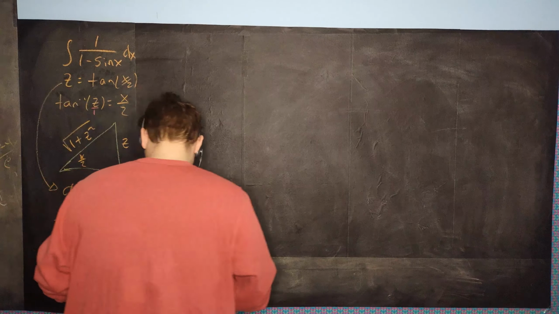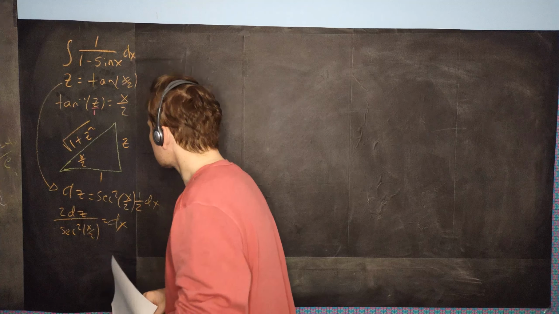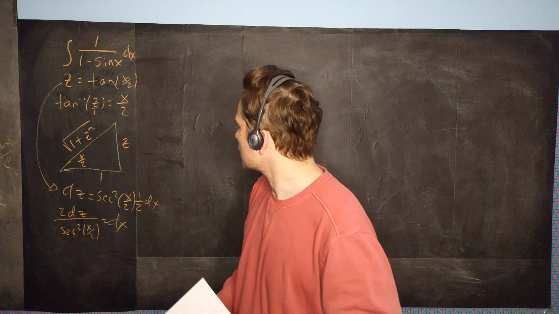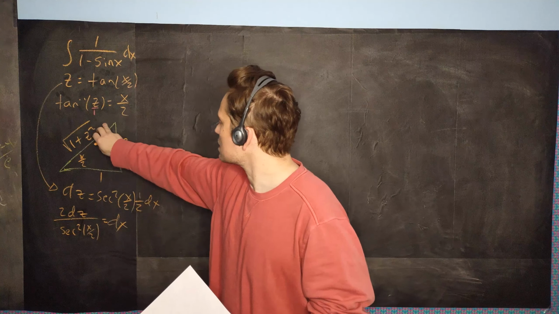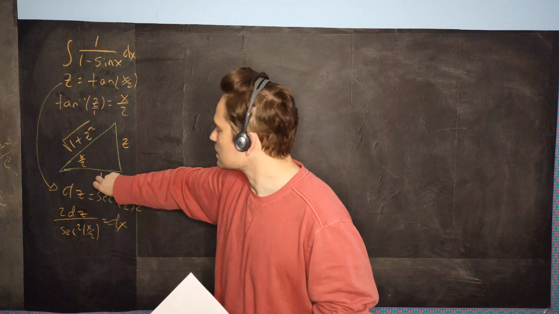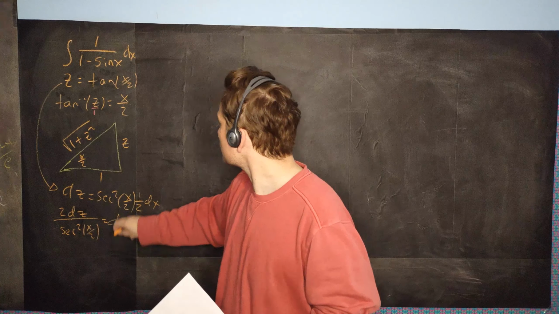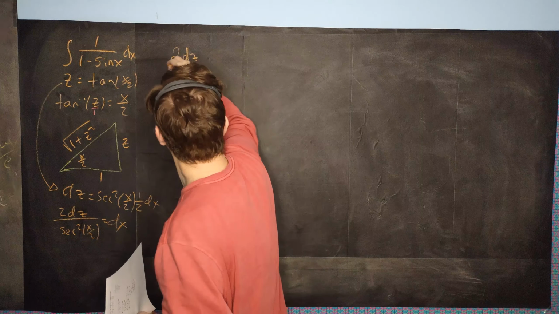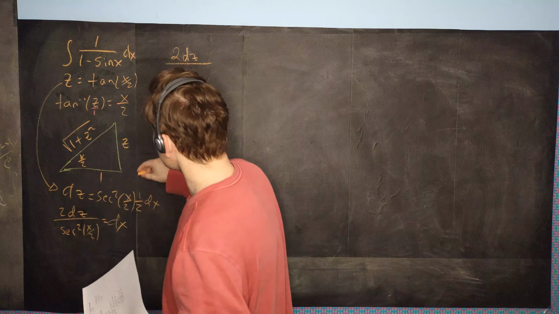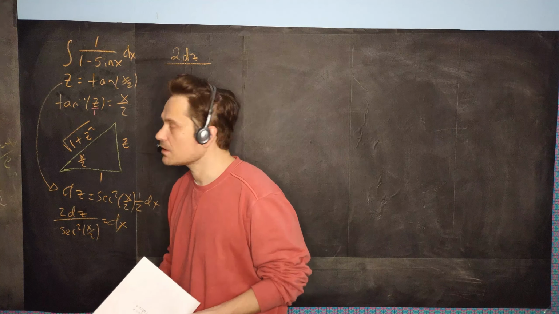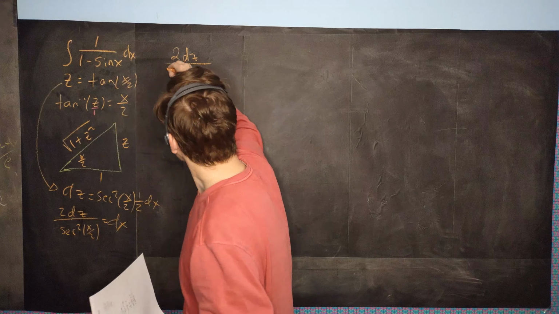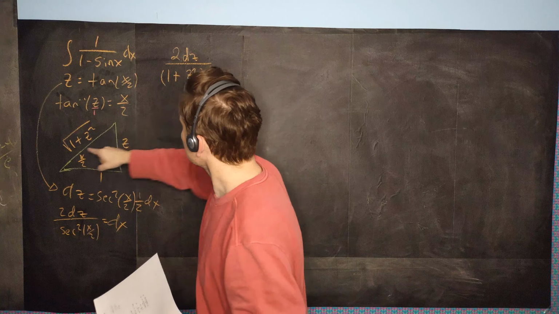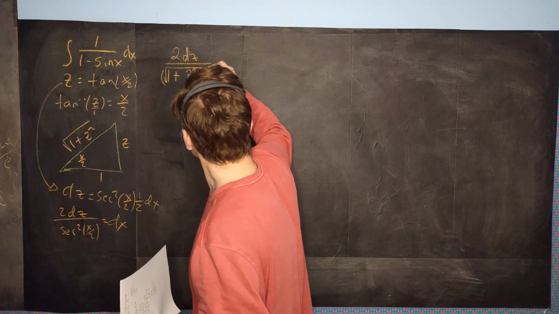Let's continue though. What can we do next? Look at this shape right here, and secant squared of x over 2, we can find it based on the shape. Secant would be the hypotenuse over this leg right here. So we can make a replacement here. I'm going to say now that 2 dz, you're going to put that over not secant squared of x over 2 anymore, but simply the square root of 1 plus z squared, squared.